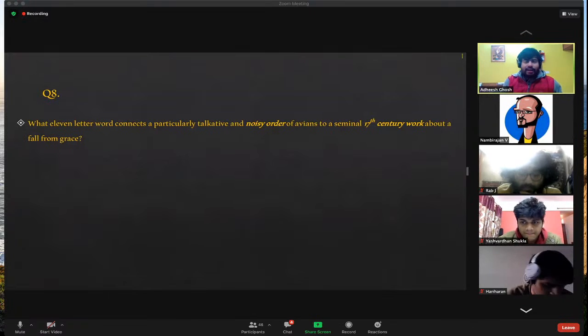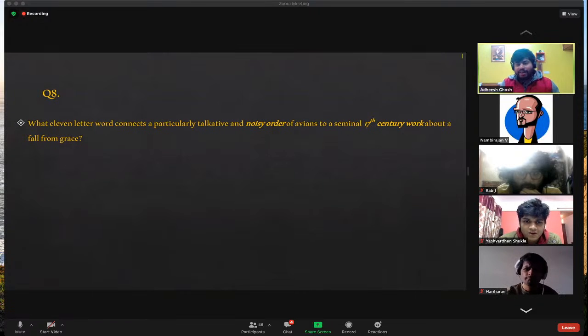And the other thing is that this word also has a connection to a noisy order of avians. These birds are notorious and very well known in human spheres. They're kept as pets, and they're known for being very talkative and noisy.